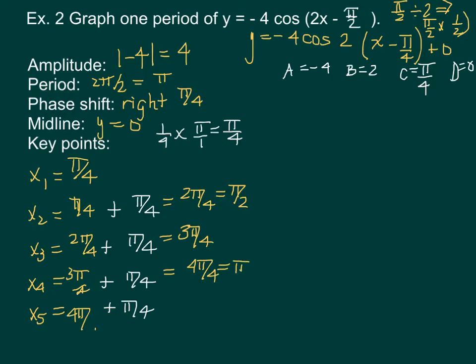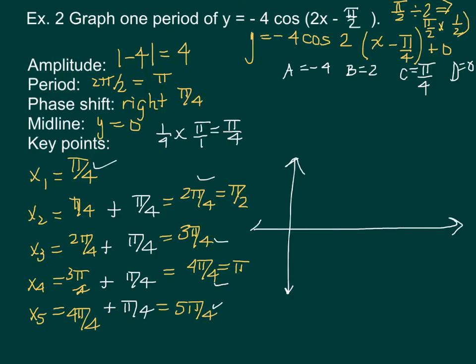And then 4 pi over 4 plus pi over 4 is 5 pi over 4. Notice all your x values are positive. And I'm starting at pi over 4. You can either write the reduced form or not reduce.